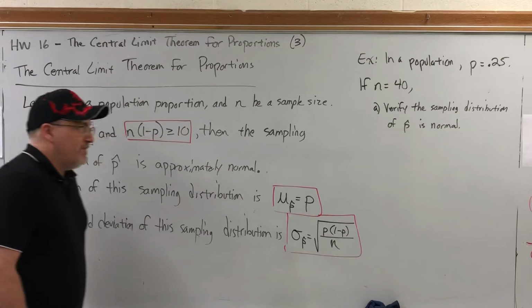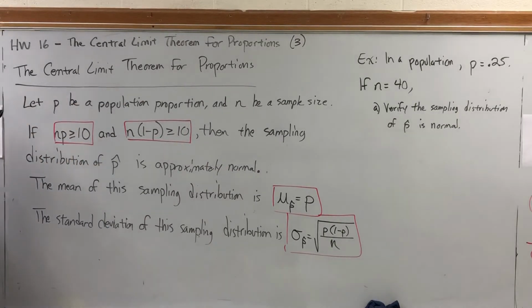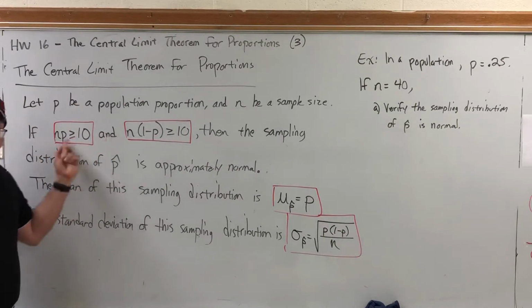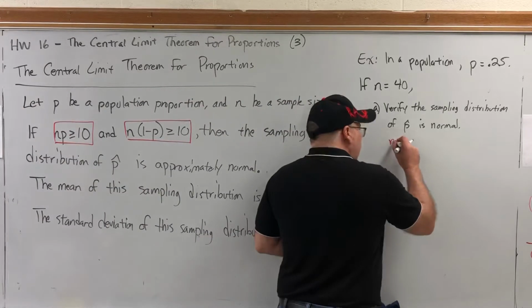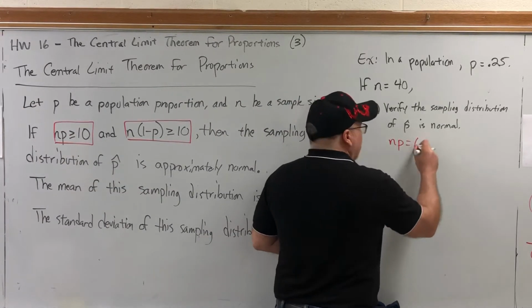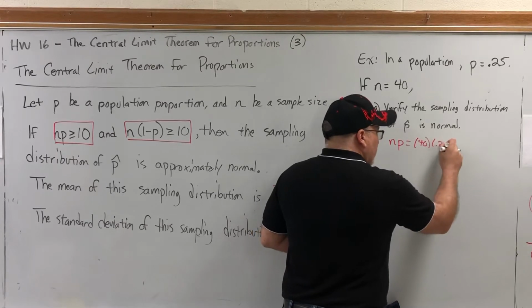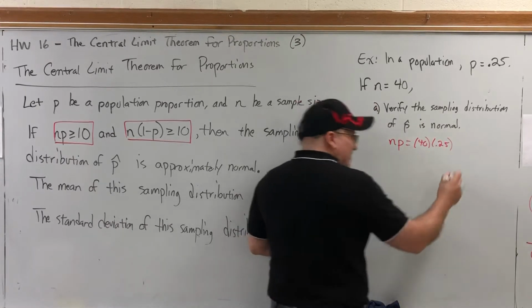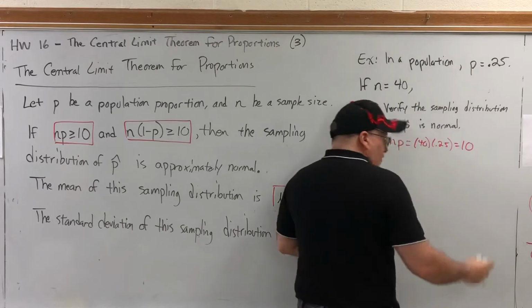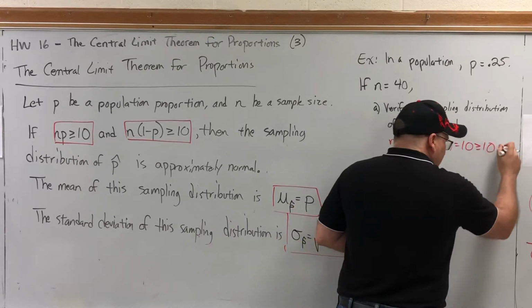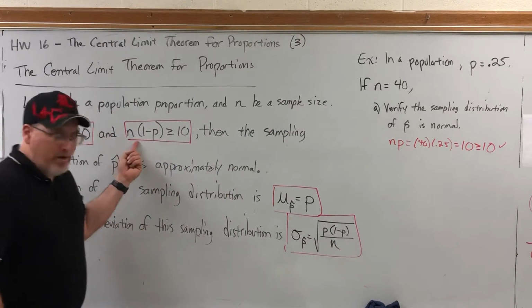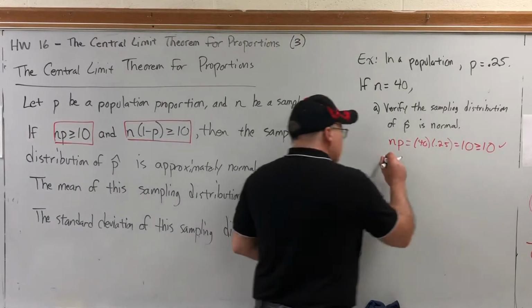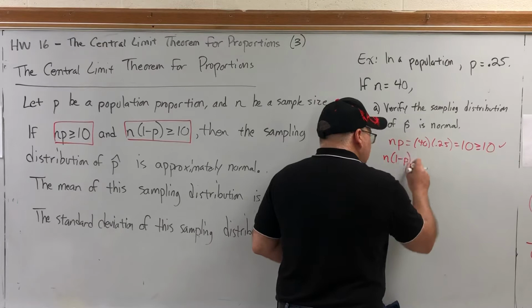To verify that the sampling distribution of p-hat is normal, we have to show that both of these things are true. So let's start with n times p. N times p is 40 times 0.25. That's exactly equal to 10, which is greater than or equal to 10. Check. But we also have to check n times 1 minus p.